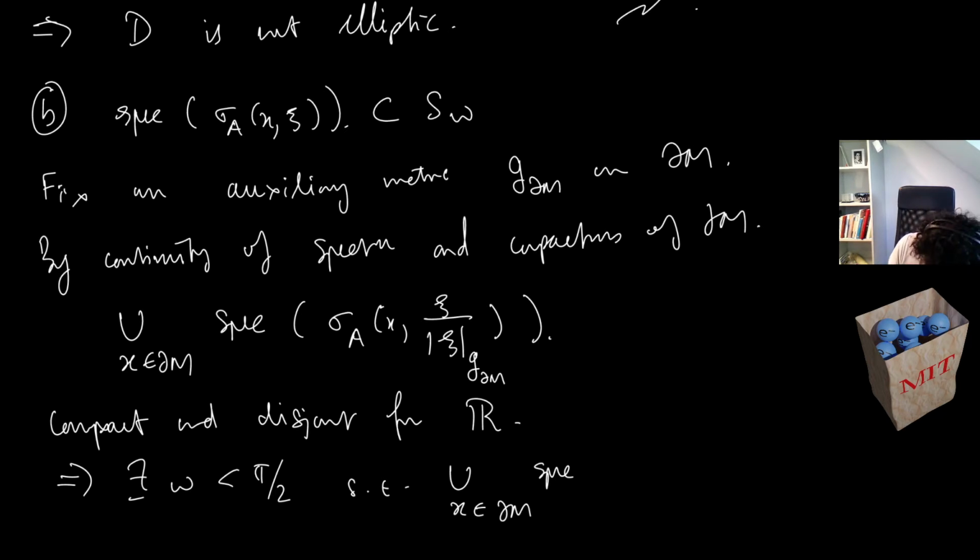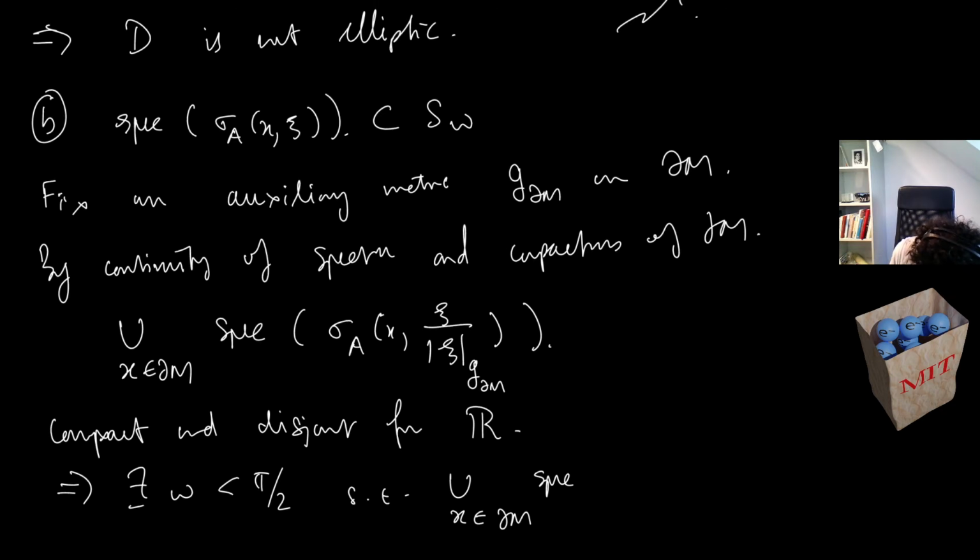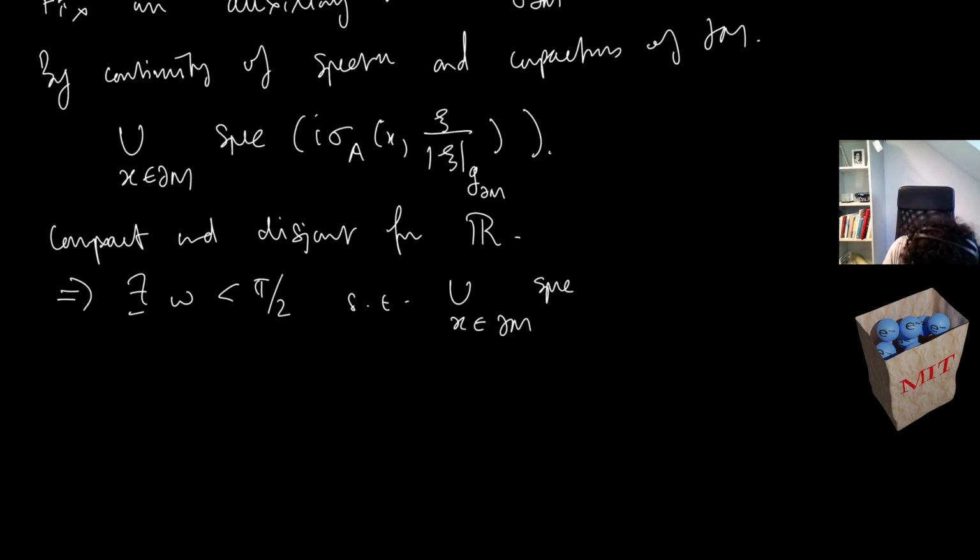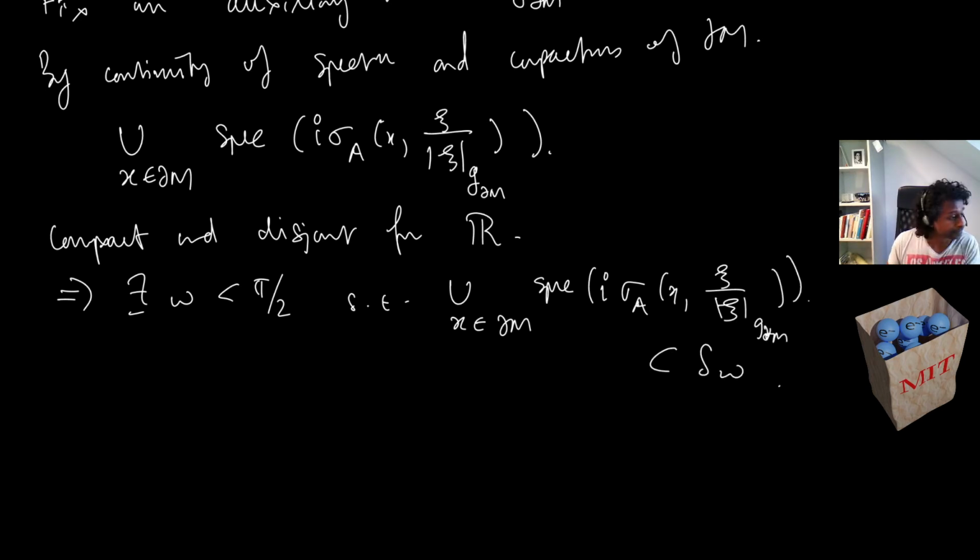So this should really be rotated, right? The spectrum here, we've said that it's disjoint from R, so this is i times the spectrum. So we need to rotate it. So this means that i times the spectrum of A_x psi on the boundary of M is contained in this S omega. Okay.